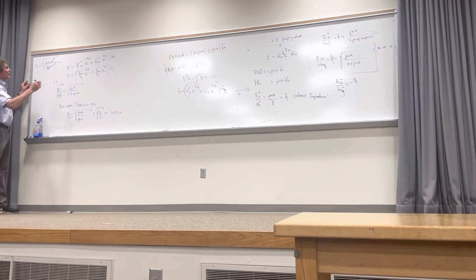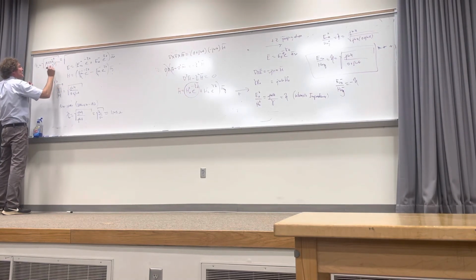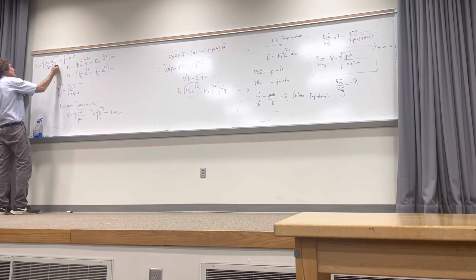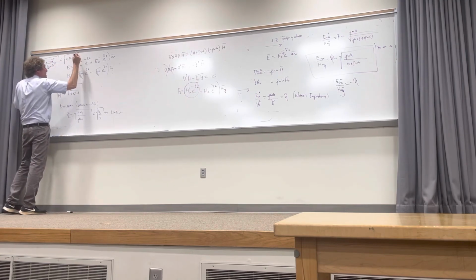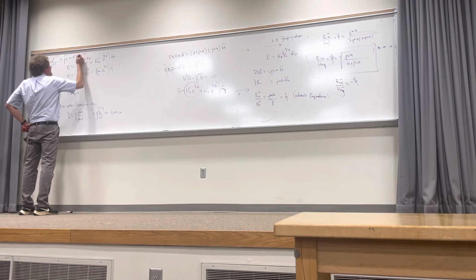If you do it this way, it becomes pretty clear what happens. I have the square root of 4 pi times 36 pi, 4 times 36 times pi squared, and then I have 10 to the minus 9th into 10 to the minus 7, which is times 100. And then you can see what happens here. I get pi, and I've got 100, and the square root of that is 10.